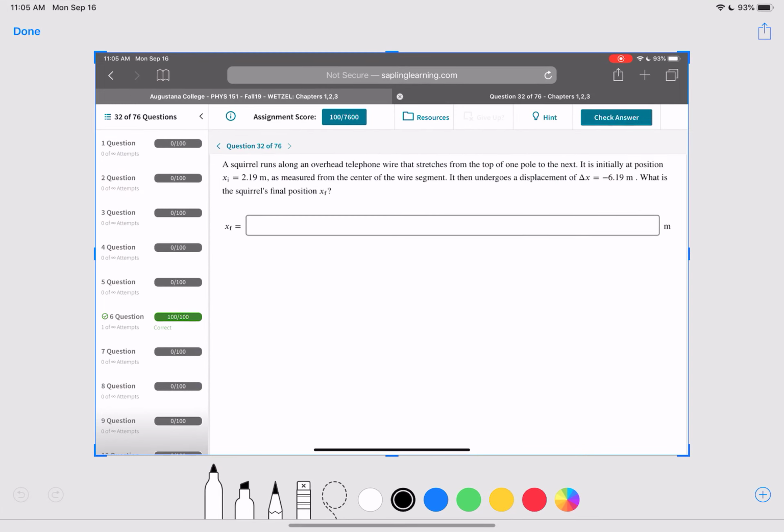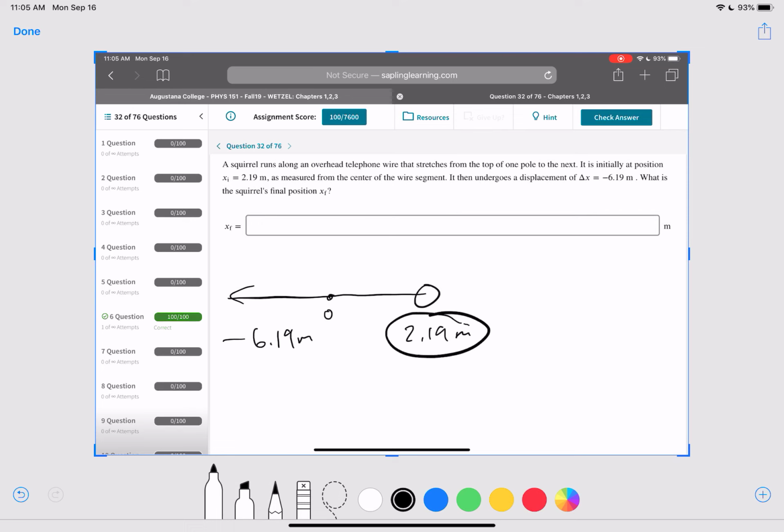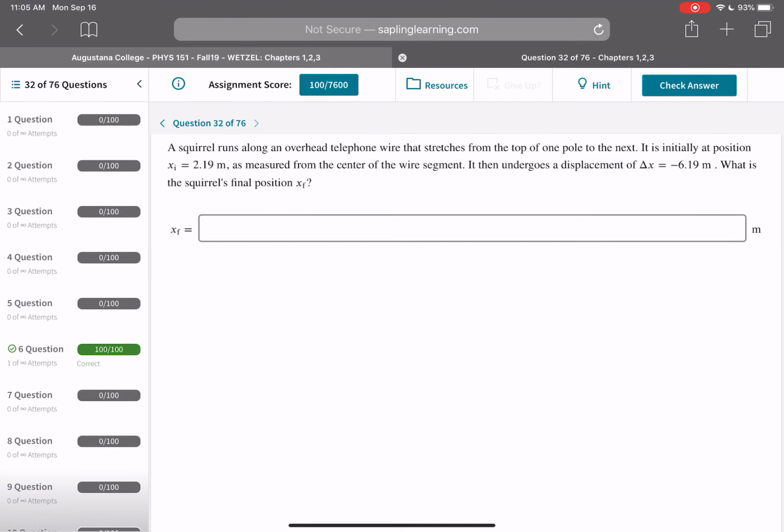Okay, so we start here at 2.19 meters, and this would be 0, and then he walks negative 6.19 meters that way. So from here to 0 is 2.19 meters, which means we're going to have 4 meters left to walk, so we should end up at negative 4 meters at the end.